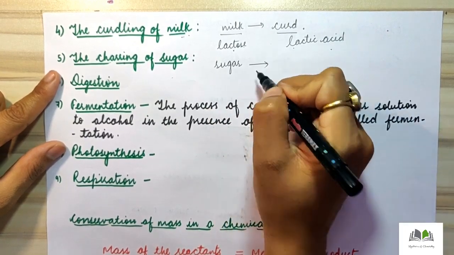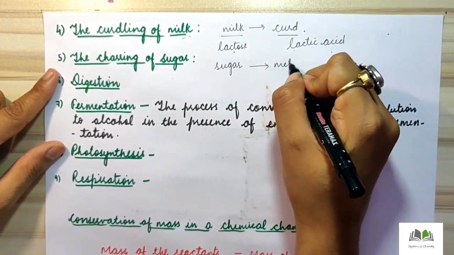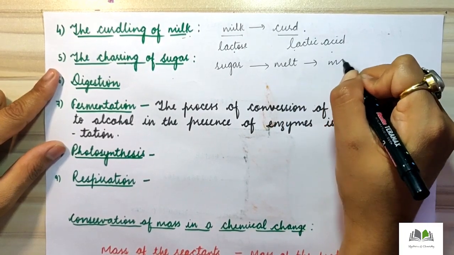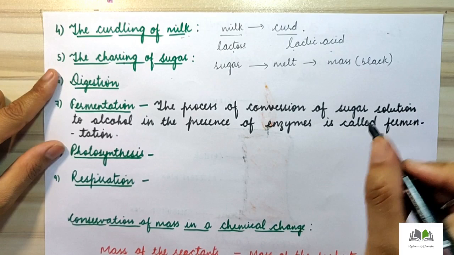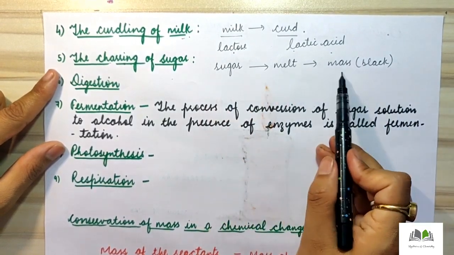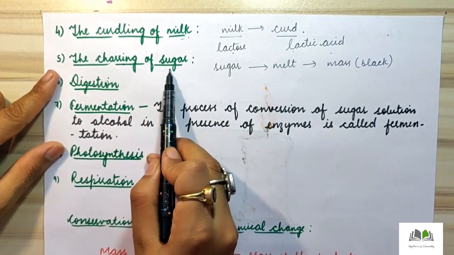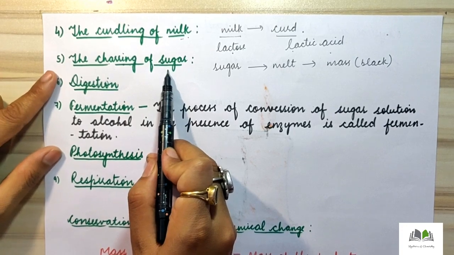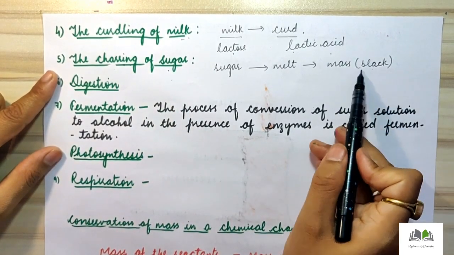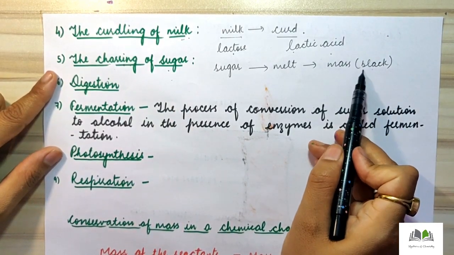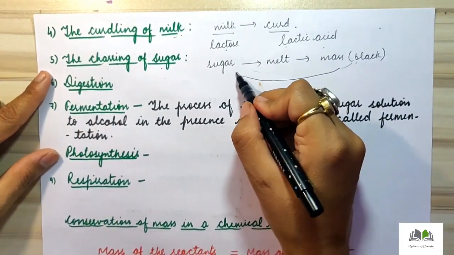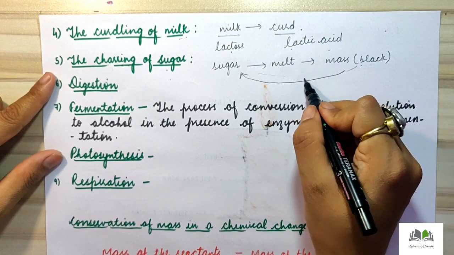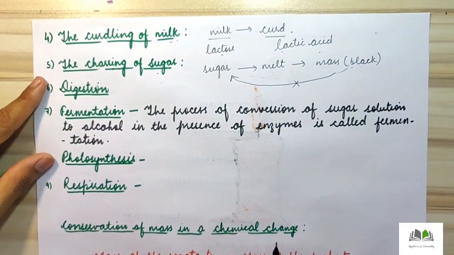On burning, first the sugar will melt and then it will change into a black mass. A solid black mass is formed. This process is known as charring of sugar, and it is a type of chemical change, because once the black mass is formed, we cannot convert that mass back into sugar. Thus it is a type of chemical change.